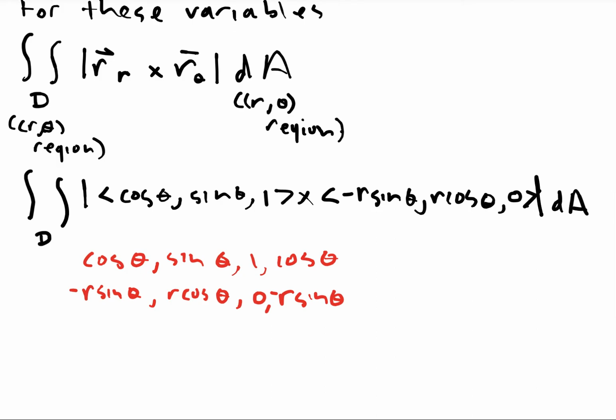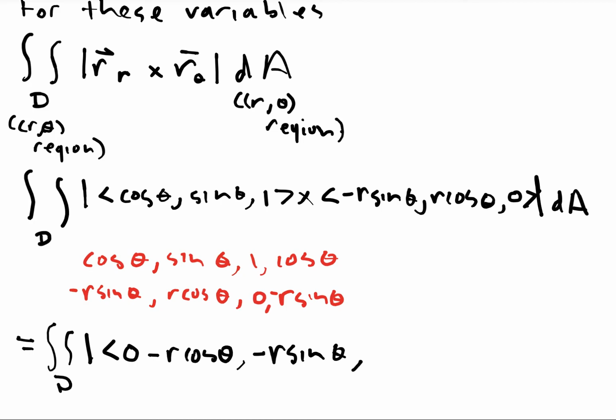If I go to actually take that cross product, what I should be getting is this. In my first component, I'll scratch out those columns and think about my products of diagonals. This first piece is going to look like a 0 minus r cosine theta. If I scratch out my second column and look at my products of diagonals over here, this is going to be a minus r sine theta. Minus 0, I'm not even going to write that in.